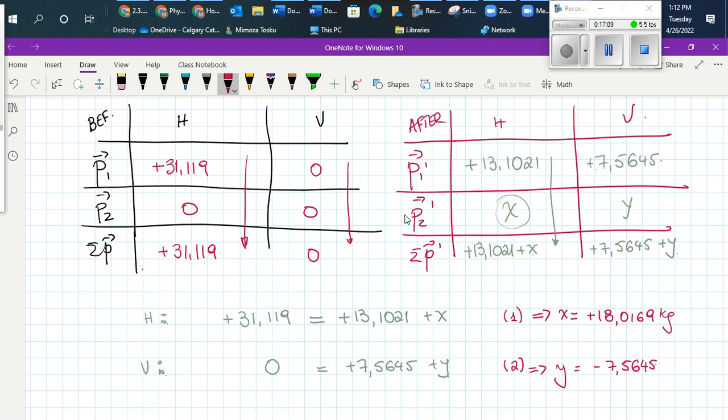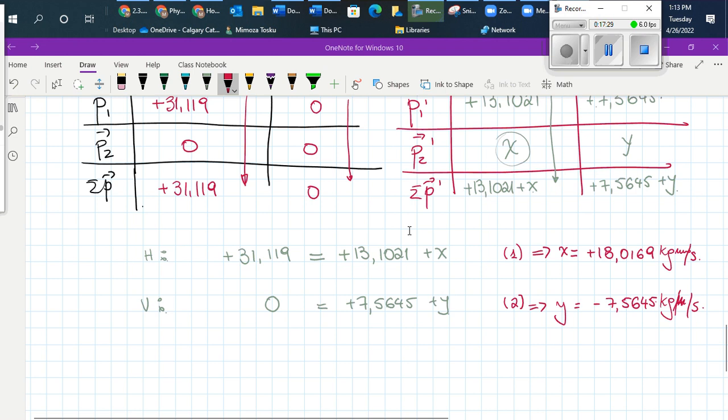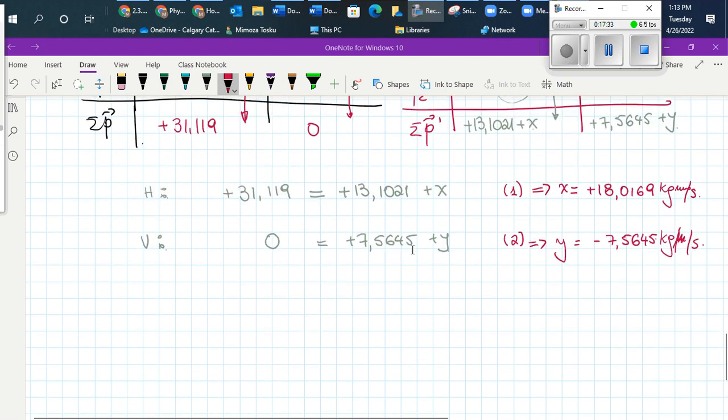And if you want to state the units, those will be kilograms meters per second. Why? Because x and y, we assigned them to be the horizontal and vertical components of object 2 after the collision.